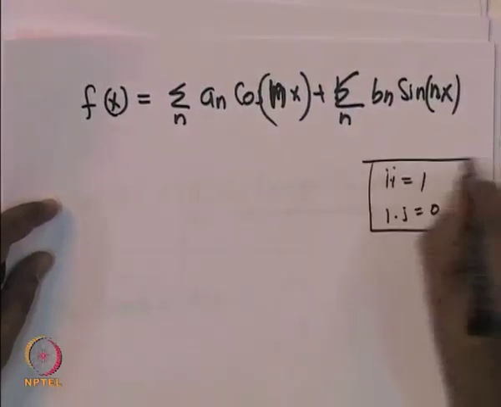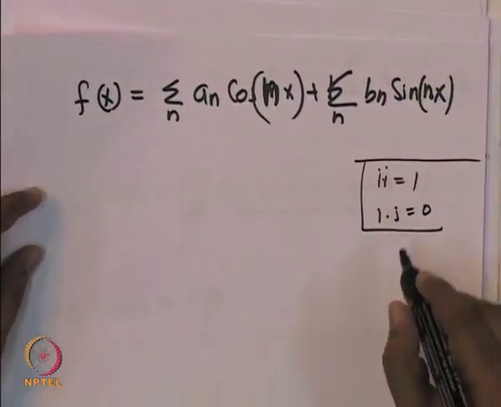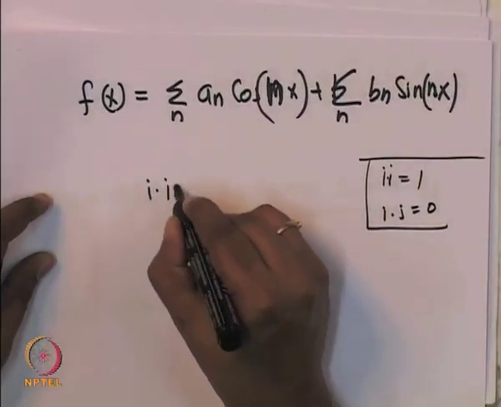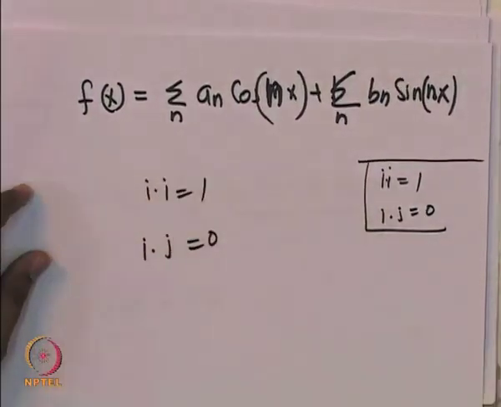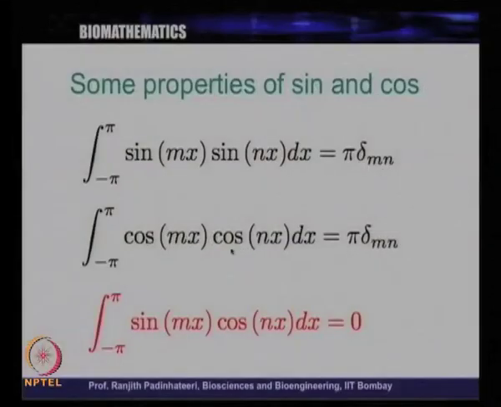When cos and cos are the same, it is 1 if m and n are the same, otherwise with sin and cos it is 0. Such things are called orthogonal functions, but we will not go into the detail of this.